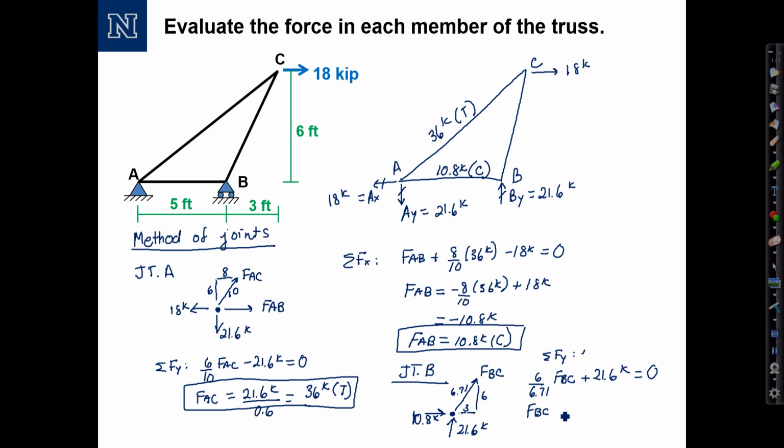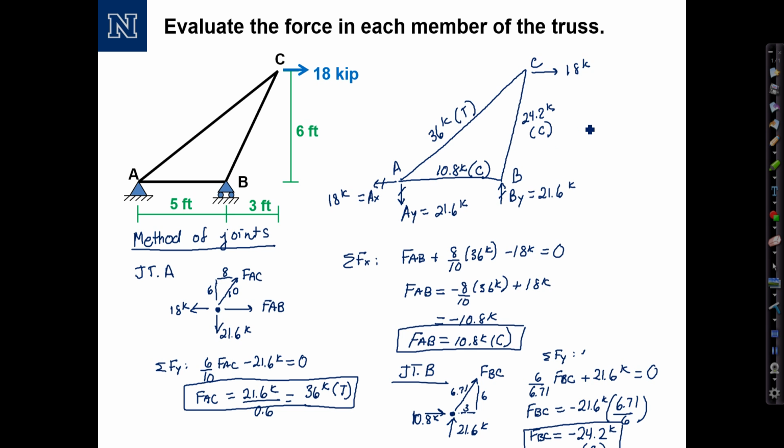So FBC equals negative 21.6 kips times 6.71 over 6, which gives me an answer of 24.2 kips. And that also tells me that this force is actually a compressive force. Okay? So I would draw my answer back in here, 24.2 kips in compression.